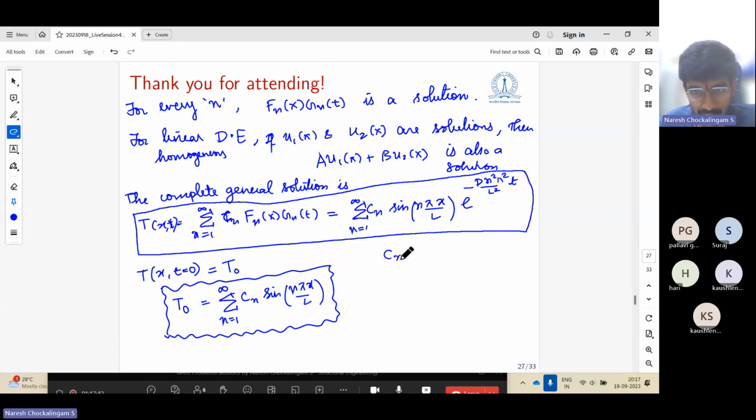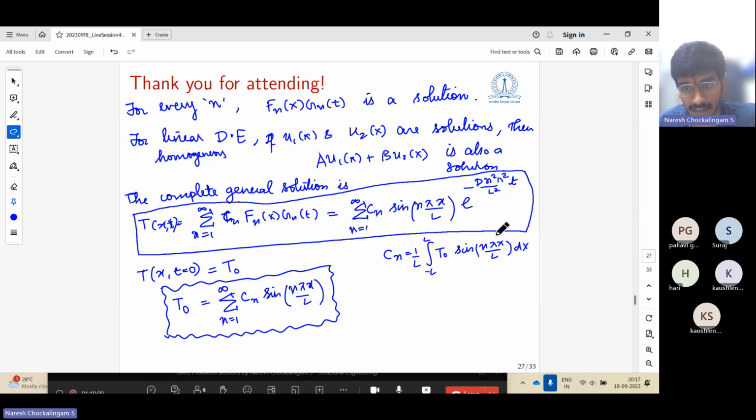Cn is nothing but integral T naught sine n pi x by L dx, with 1 by L, from minus L to L, with 1 by 2L, right? So this is just simple.